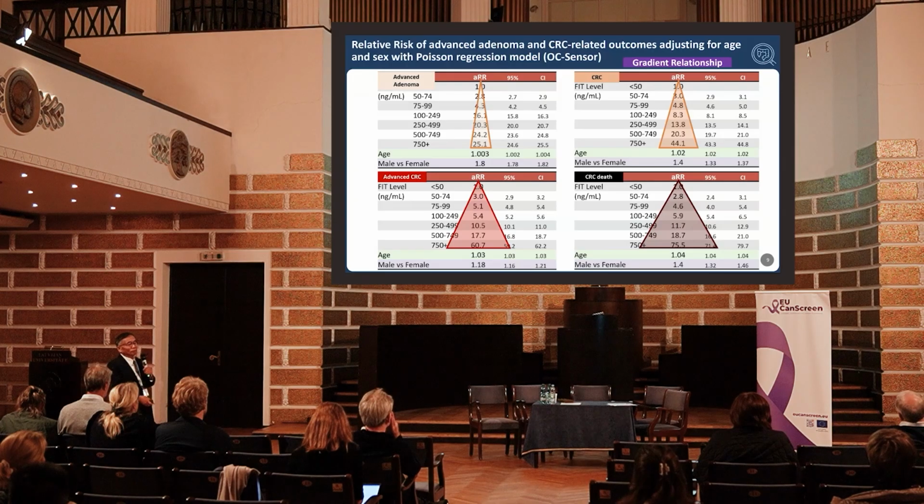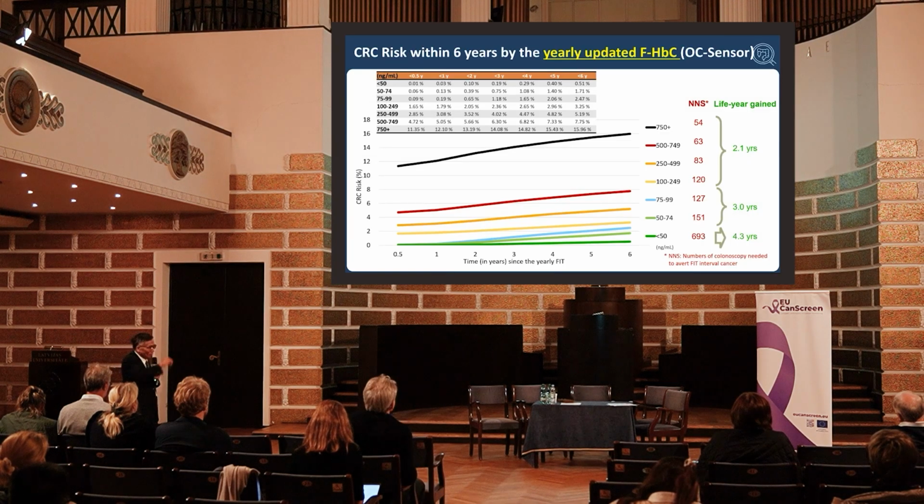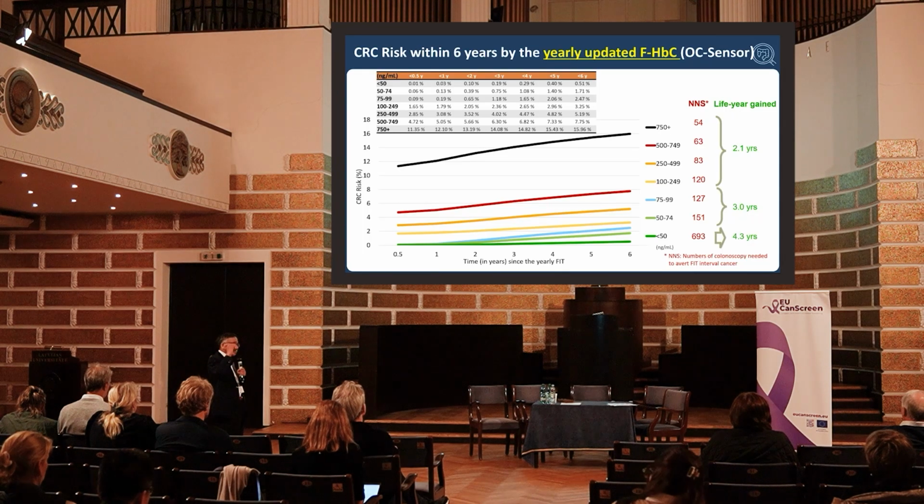This is the upper table, stratified by concentrations, and you can see a very remarkable gradient relationship. Use this to calculate: the lower the concentration you use, the more likely you are to detect it, but it is a sacrifice of needing a higher number of screenings, of course.